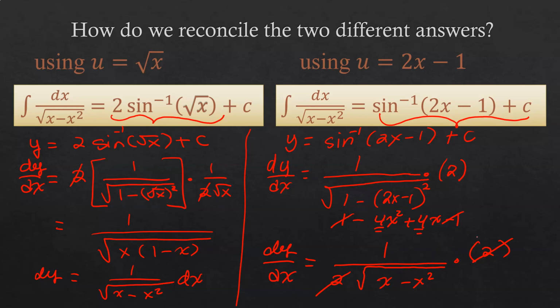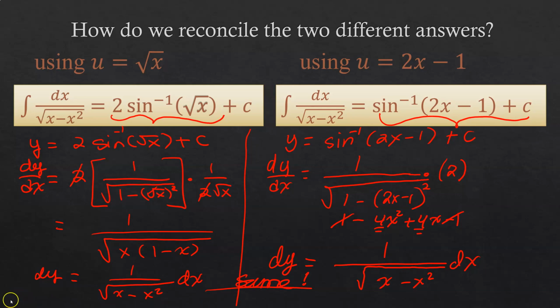So then we can say that dy is going to equal, these cancel out, dx. And we can see these are the same. So using a different u, you get a different variation of the answer, but when you take the derivative, which is going backward from the antiderivative, you get the original problem. So both of those answers are correct.